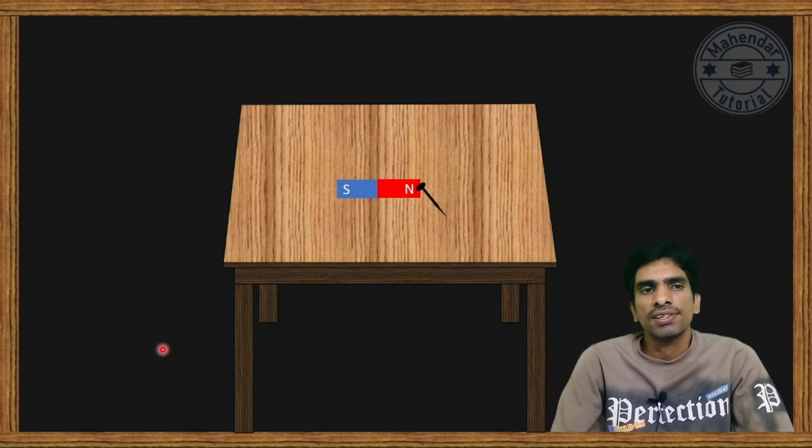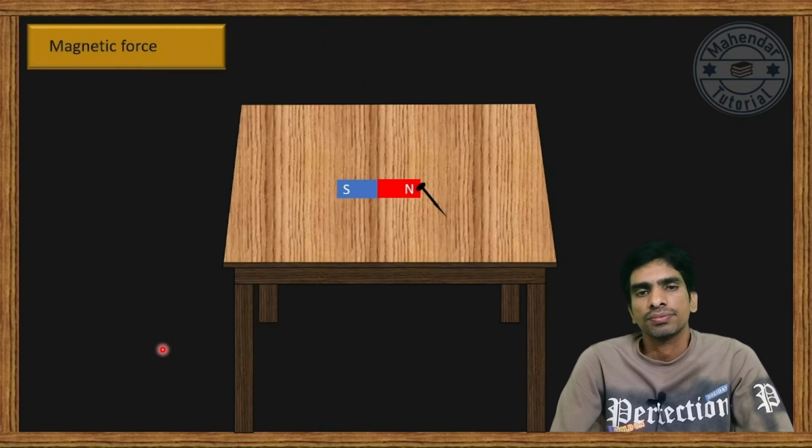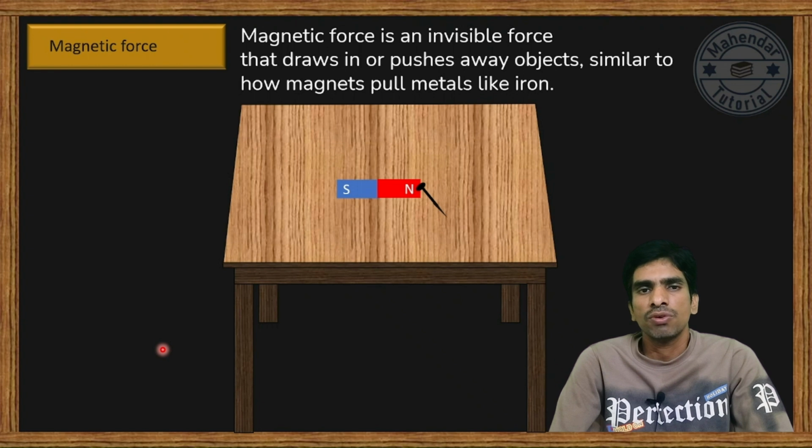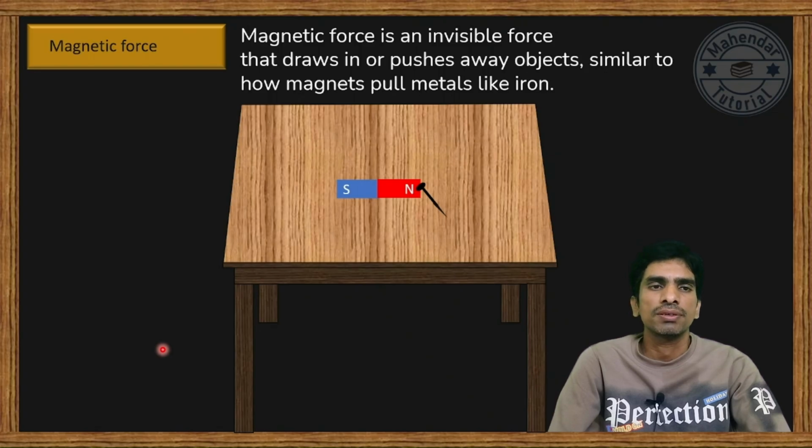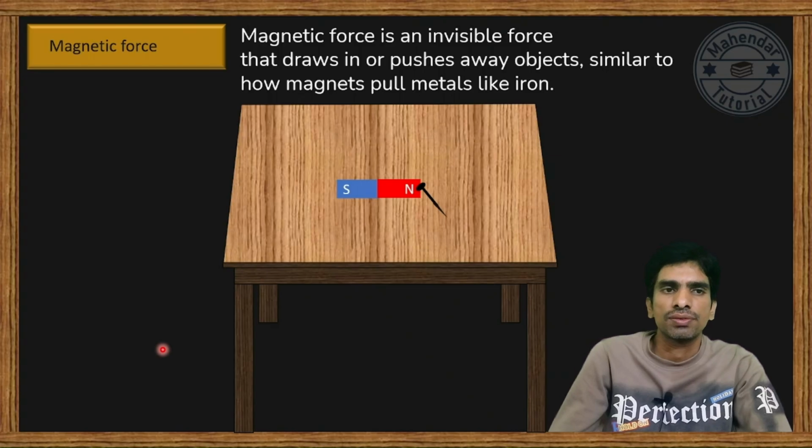This is known as a magnetic force. Magnetic force is an invisible force that draws in or pushes away objects, similar to how magnets pull metal like iron. So magnetic force is an example of field force.